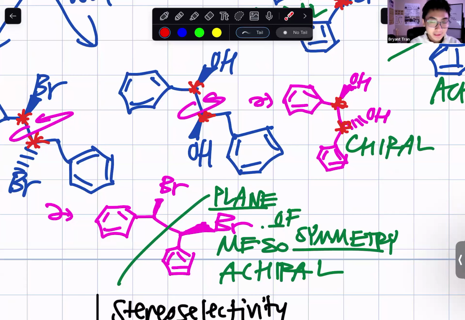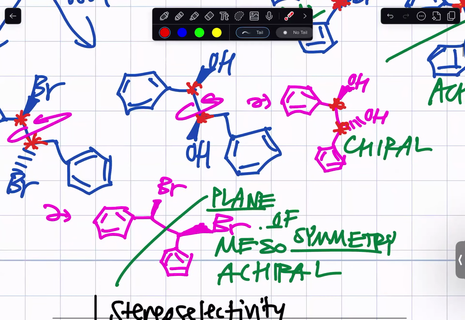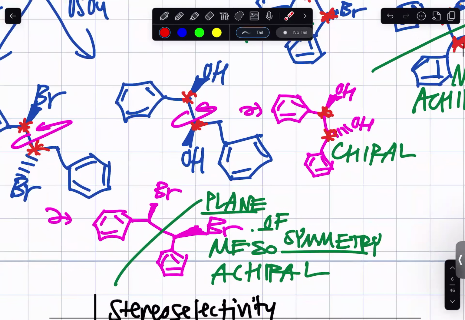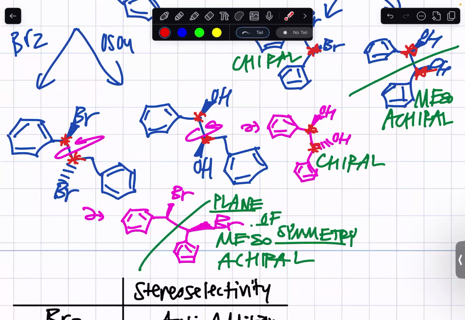Do you remember the definition of enantiomers? What would make two molecules enantiomers of each other? If the configuration of a molecule was RR, then the enantiomer would be SS. Yep, that's right. Every single configuration would flip. If it was RR to RS, where some chiral centers change but some stay the same, that would be diastereomers.